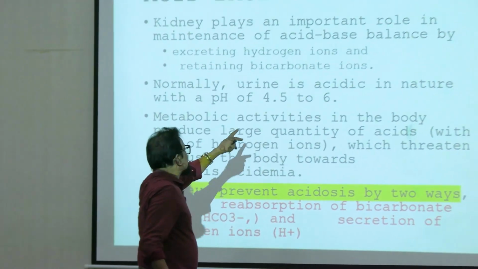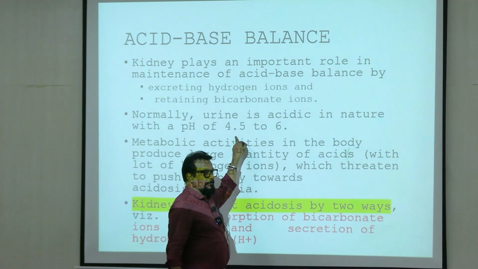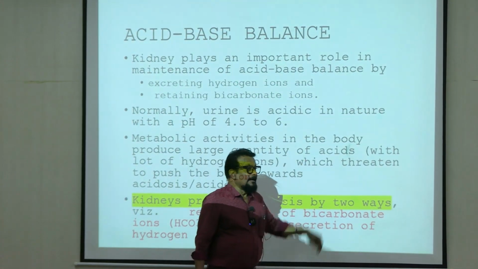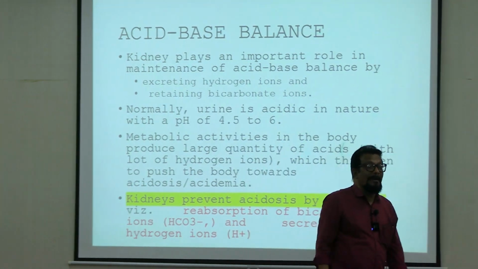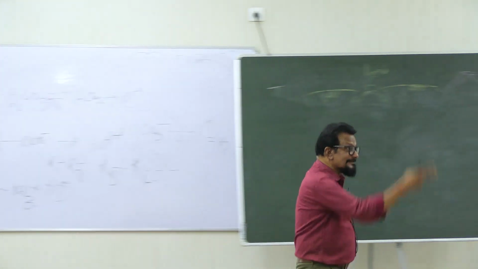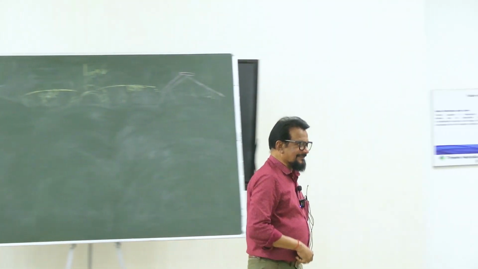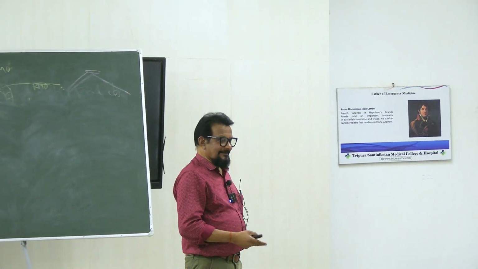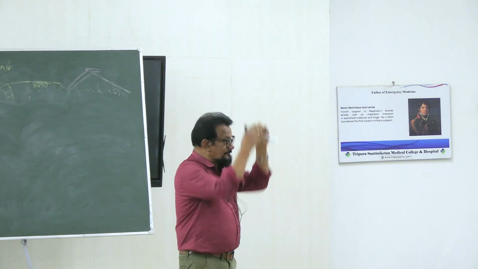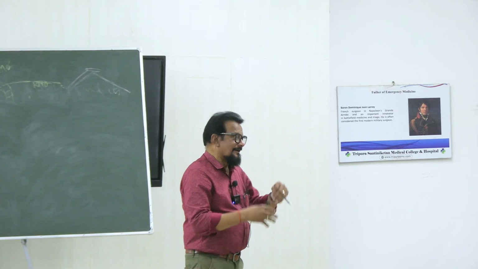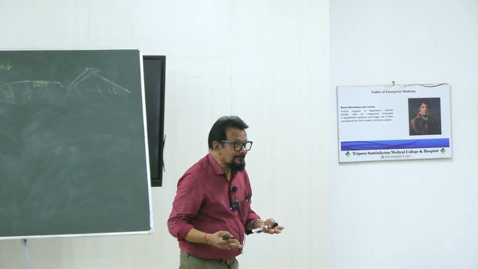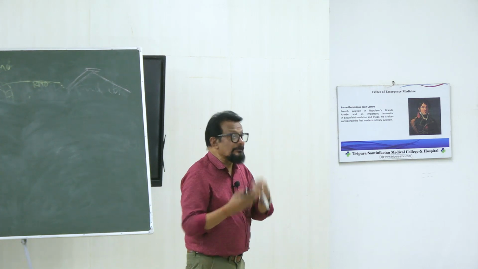Is our urine pH acidic or alkaline? It is very acidic. Who made this acidic? All these three mechanisms are involved. They absorbed all the bicarbonate ion that was filtered. Some hydrogen ion is utilized, some is not.